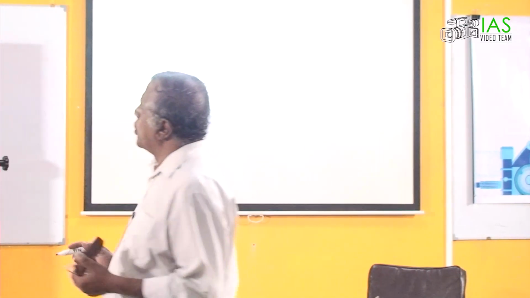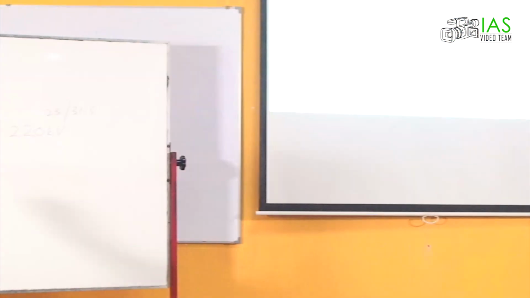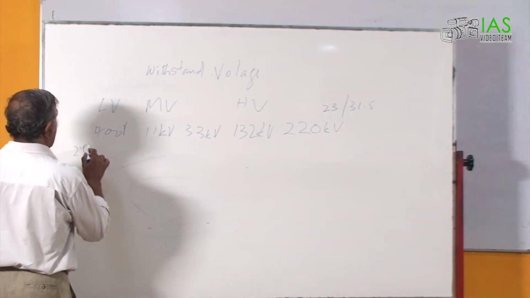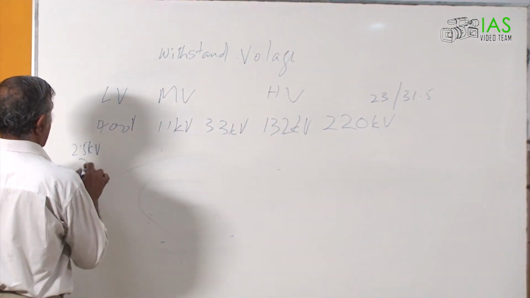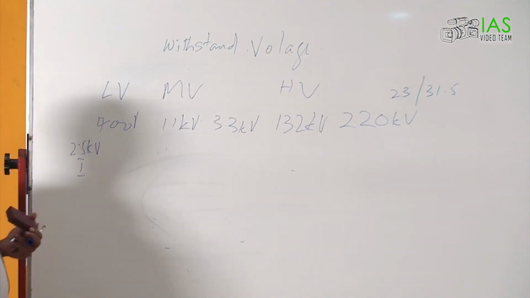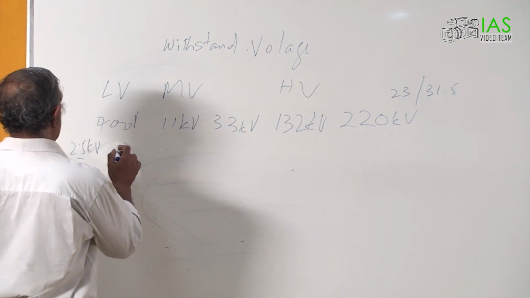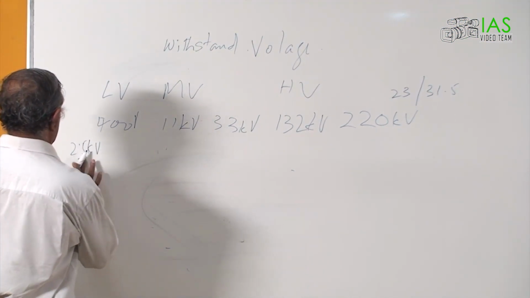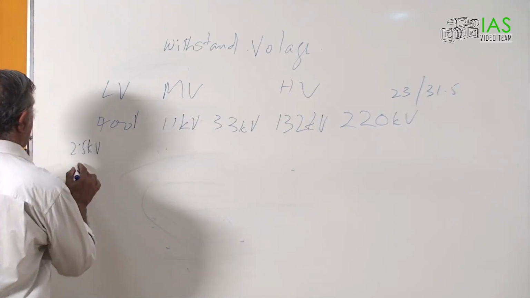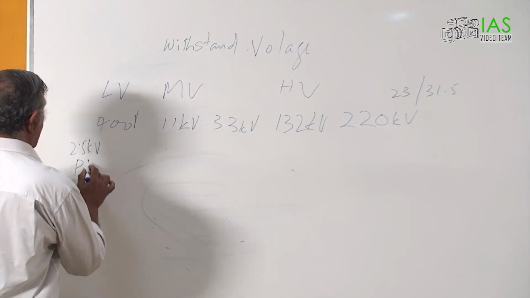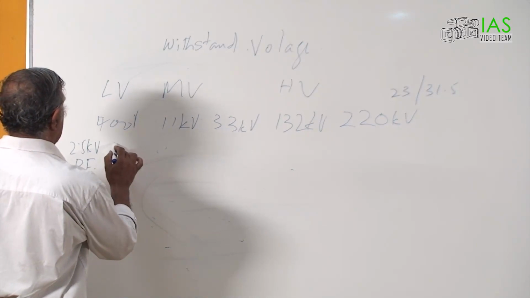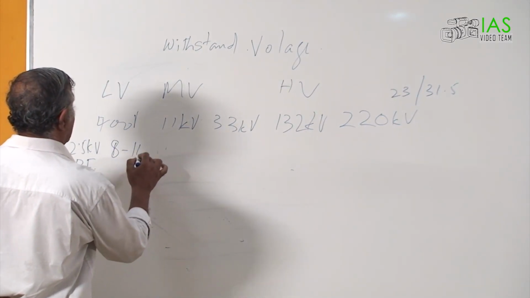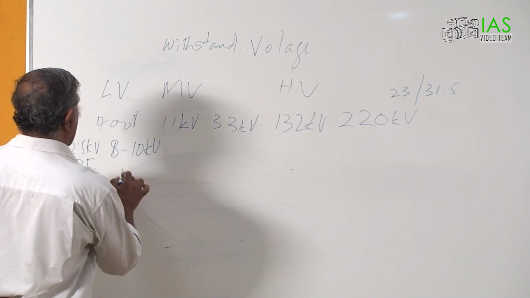So, impulse withstand of LV generally is 2.5 kV power frequency and about 8 kV to 10 kV impulse.